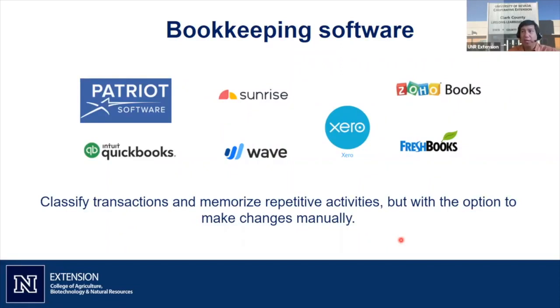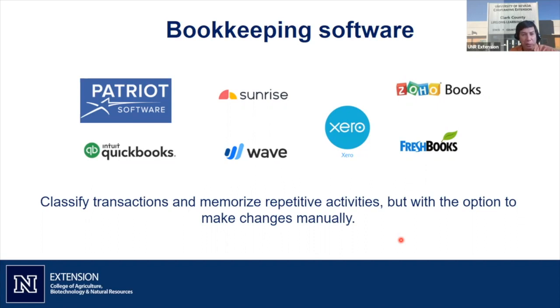All this software classifies transactions and memorizes repetitive task activities with the options to make changes manually. This is what the software does. It will help you classify all these transactions into the proper categories, into the proper account types, but you have to double check, and it will help you produce all your financial reports.